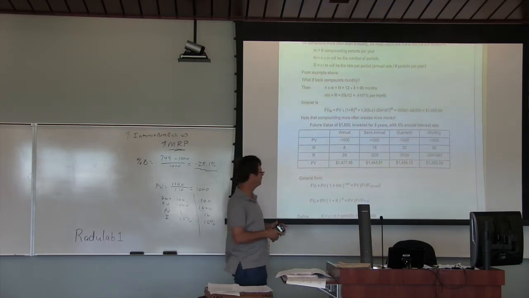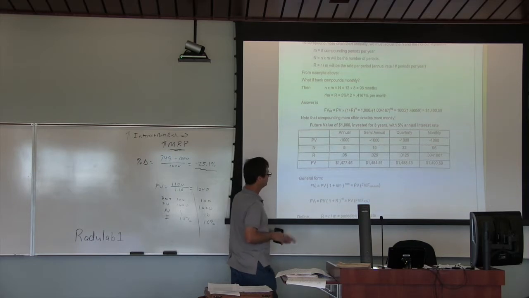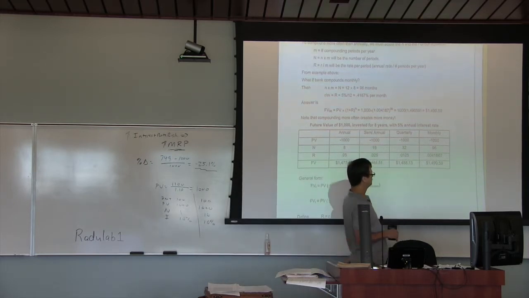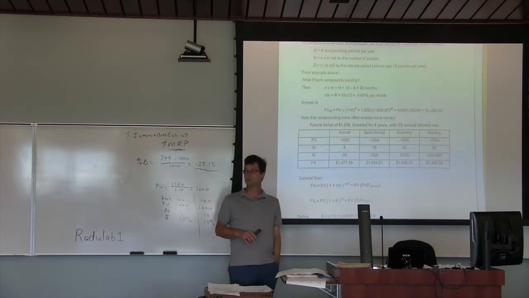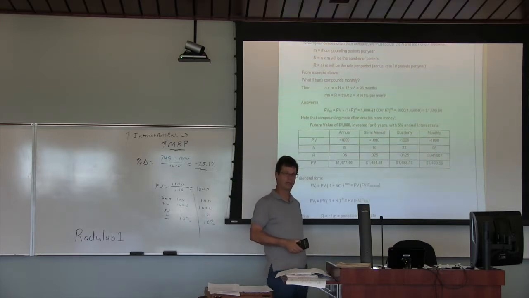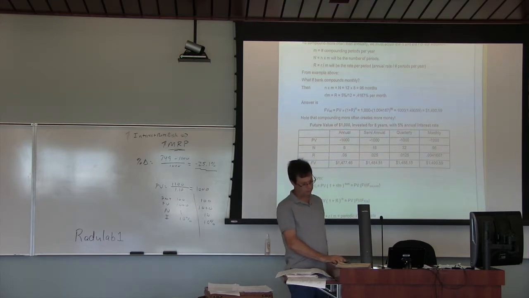So the different rates and the different number of compounding periods there, load those up. The end result is that for the same interest rate per year and the same beginning dollar amount, with more compounding per year, you end up with more money. Everything looks the same except for the compounding periods, and you're going to end up with more money from the monthly compounding than the annual compounding.